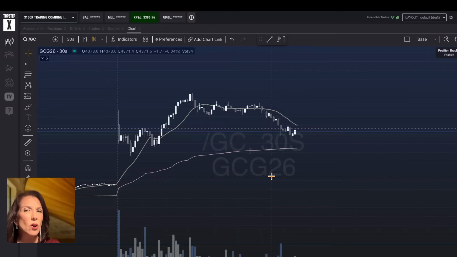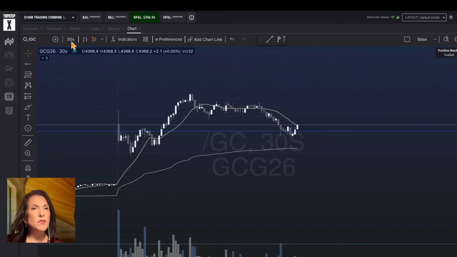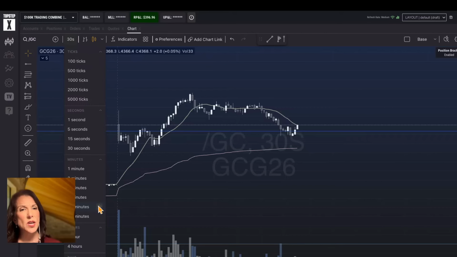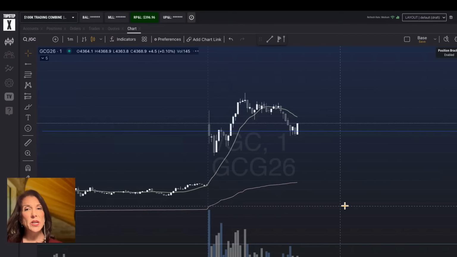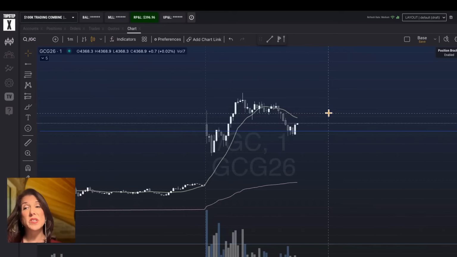So do it that way. If you're saying to yourself, listen, I want to go short into the gap, the first thing that's going to give you that opportunity is to go to your 1 minute chart and say, okay, where is old resistance? Old support that would be new resistance.